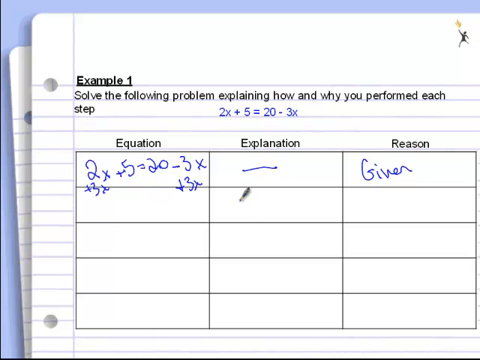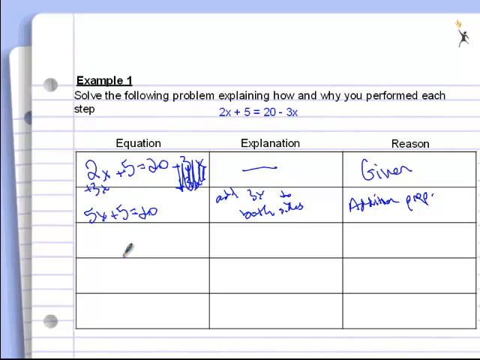The explanation for that is add 3x to both sides. And the reason that I can do that is the addition property. Now what I'll get out of that is 5x plus 5 equals 20. And I can see that my 3x's cancel out.